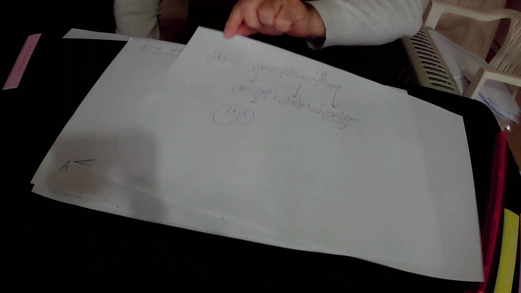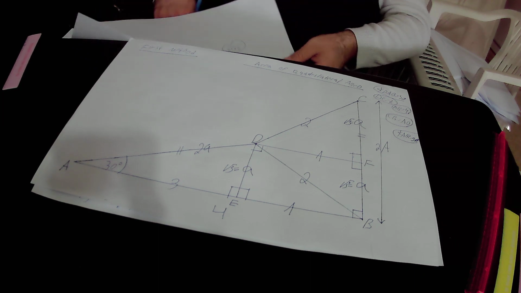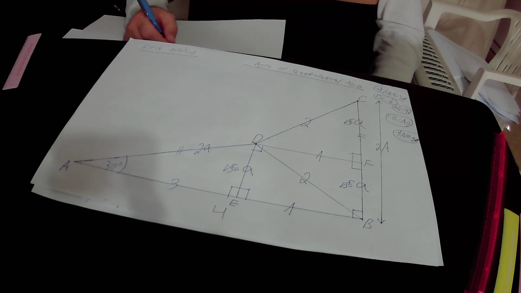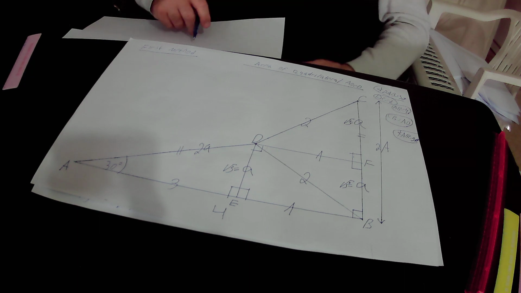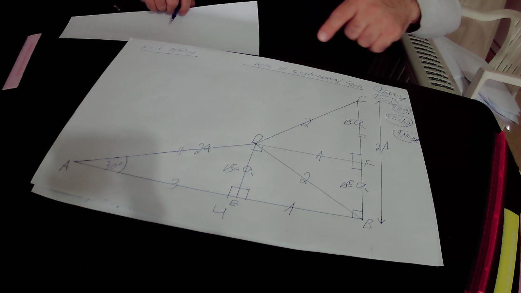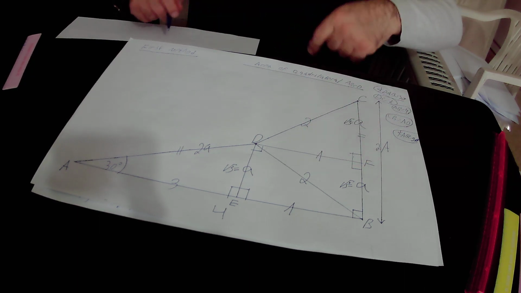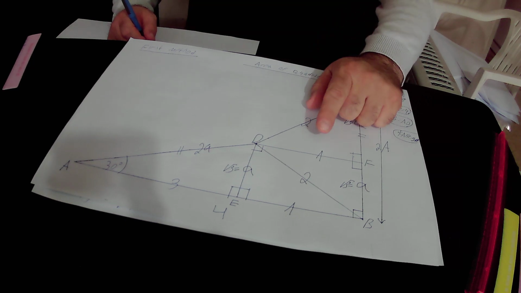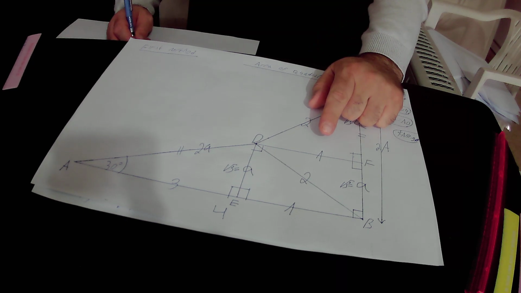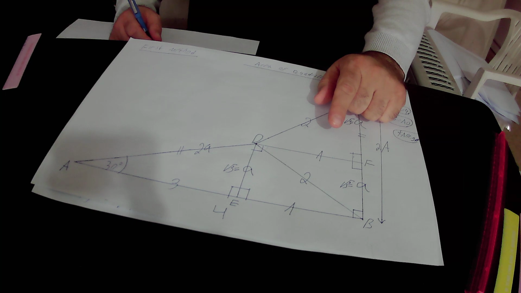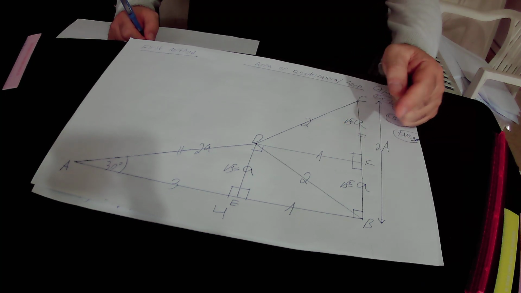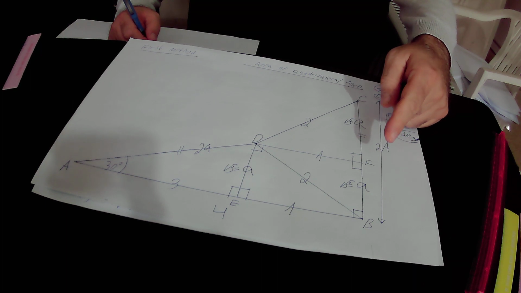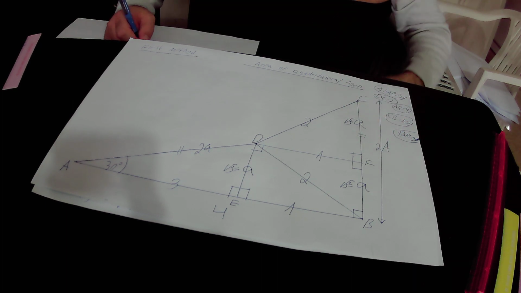The area of rectangle EBDF equals EB times BF, where EB equals 1 unit and BF equals square root of 3 units.